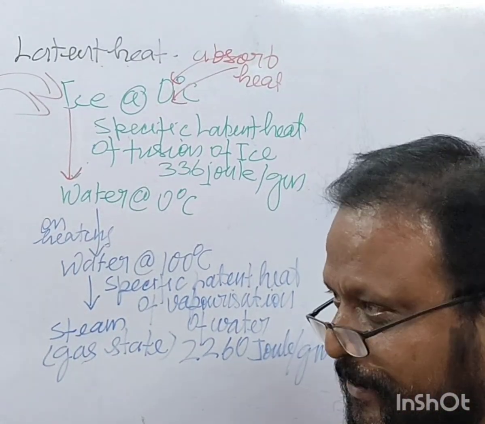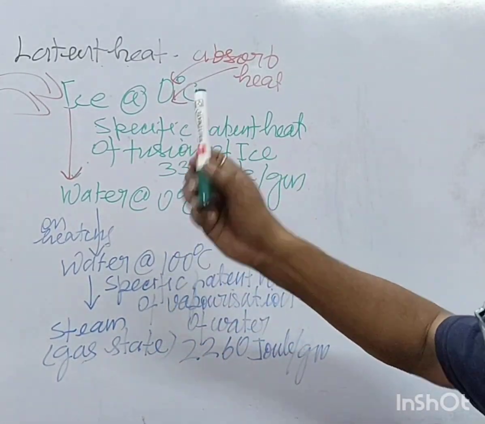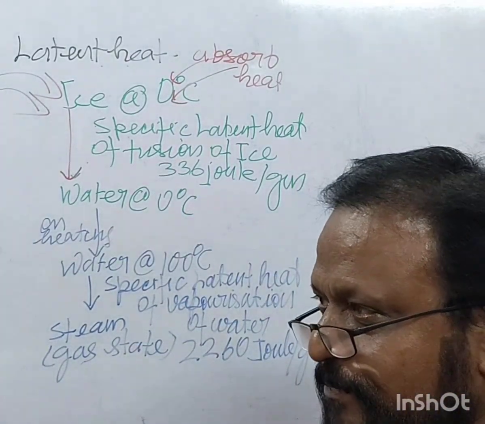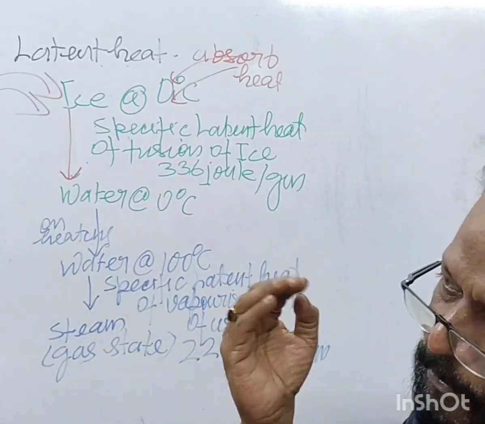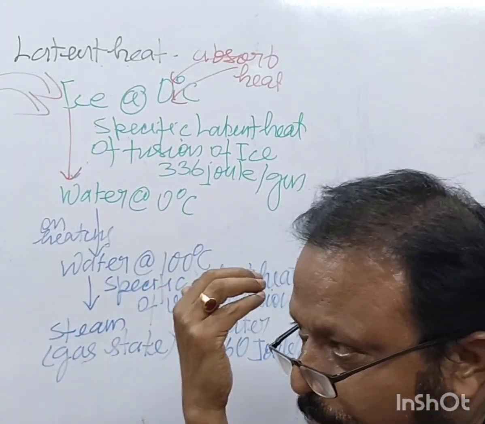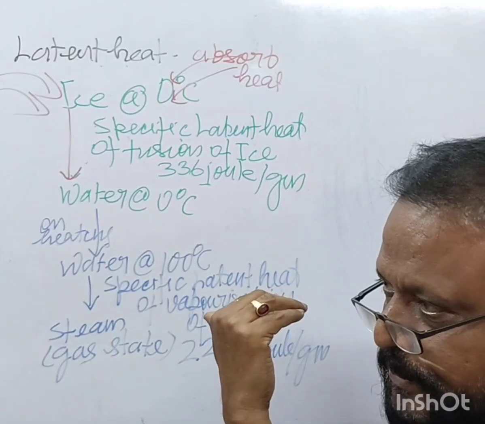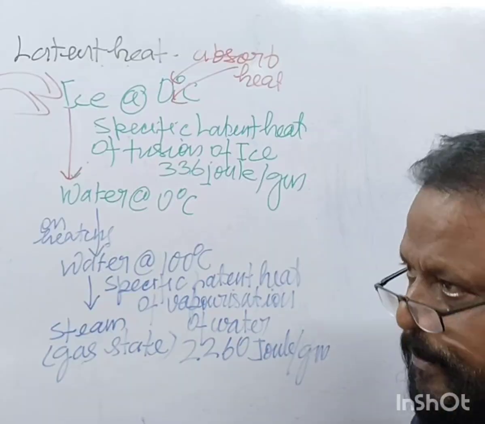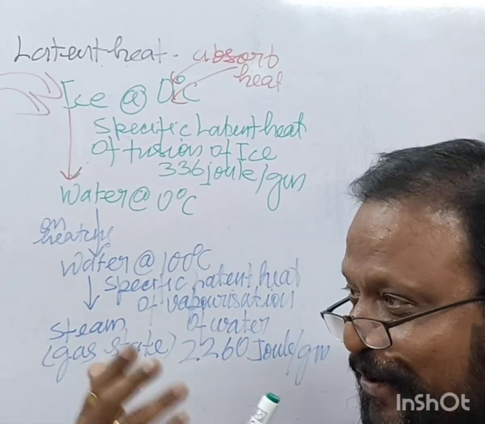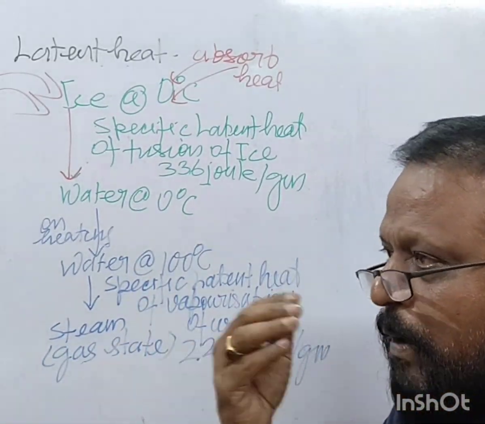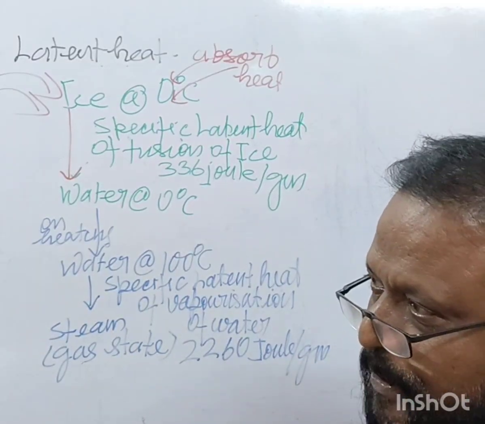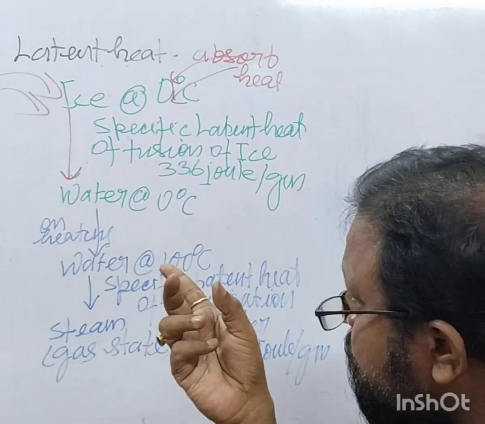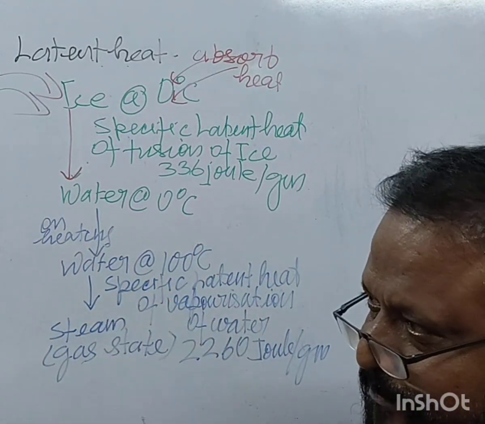Up to a certain temperature, when the temperature of the surroundings is more than the temperature of ice, ice will absorb that heat and melt, right? But when the temperature of the surroundings goes below the temperature of ice, then what happens? No exchange of heat, right?